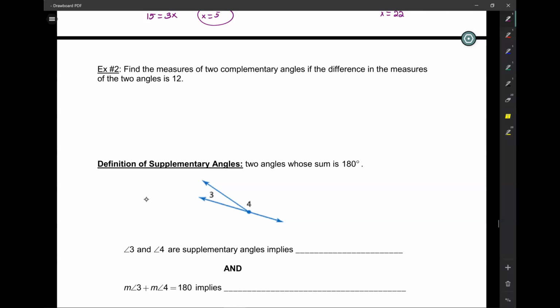I have one angle and I have another angle, right? I don't know how much each of the measures are. I'm going to call the measure of one angle x. So I'm going to say, let x equal the first angle.